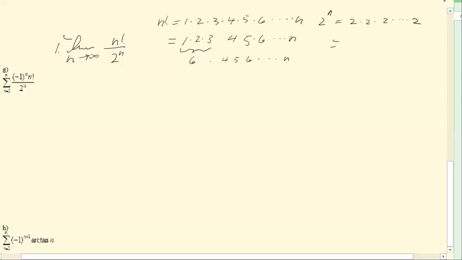And this over here, if we expand out the first 3, we'll have this. And now what you notice is this is n minus 3 factors still in here, because we originally had n factors, and this is an 8 in here.